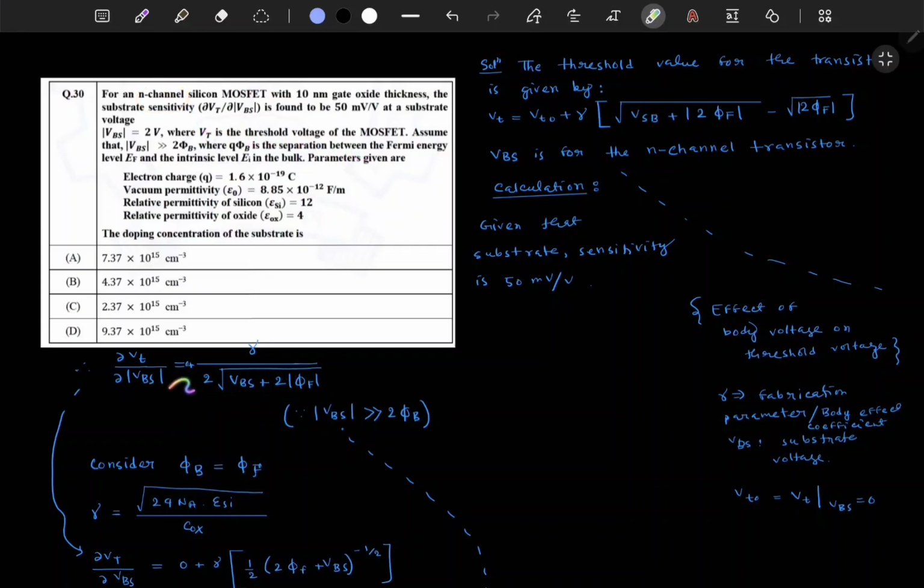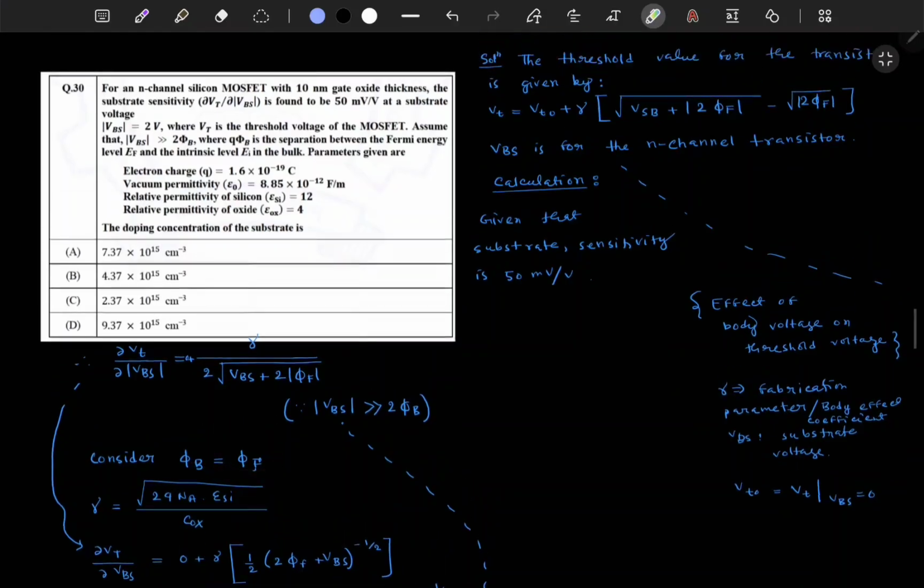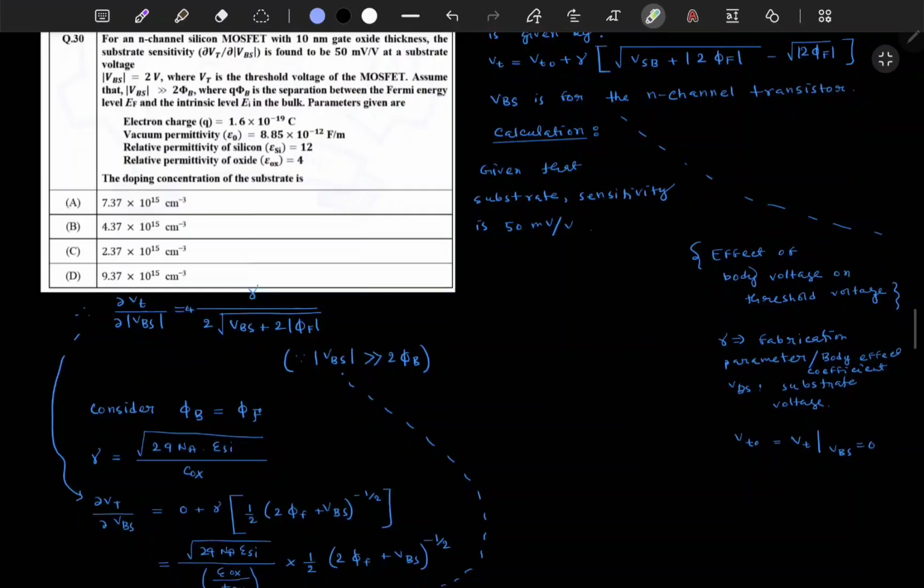So if we take the derivative here, it will come like this. Here 0 plus it is written. Now in the question it is given that phi b equals phi f, the Fermi energy level difference. So for gamma, we also need to remember the formula.